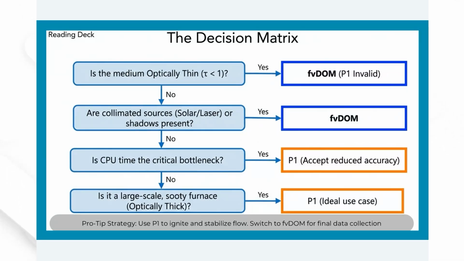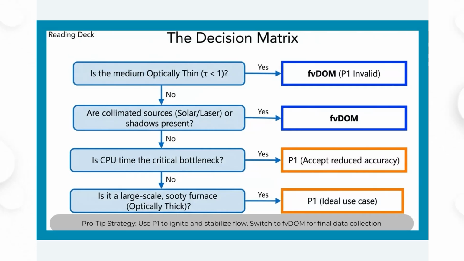However, you should be warned that you will be getting reduced accuracy. You are going to trade precision for speed. And ultimately, if your material is optically thick like a furnace, etc., you can very easily go for the P1 model for the most part.